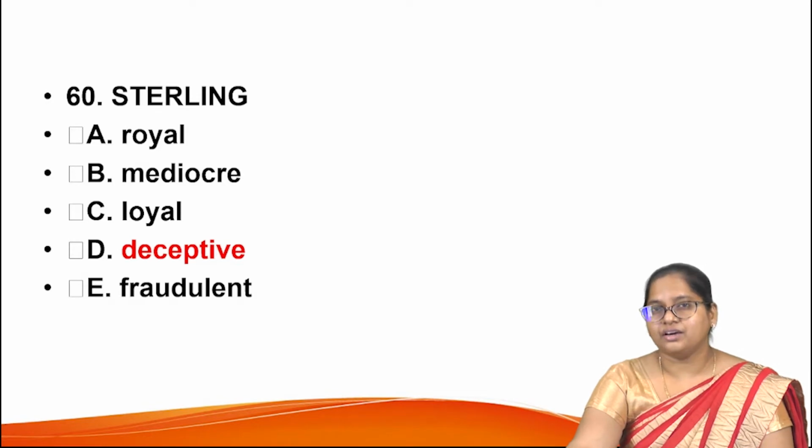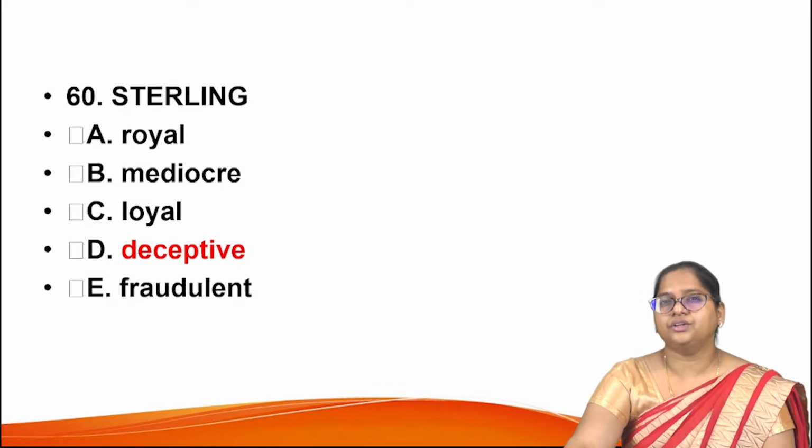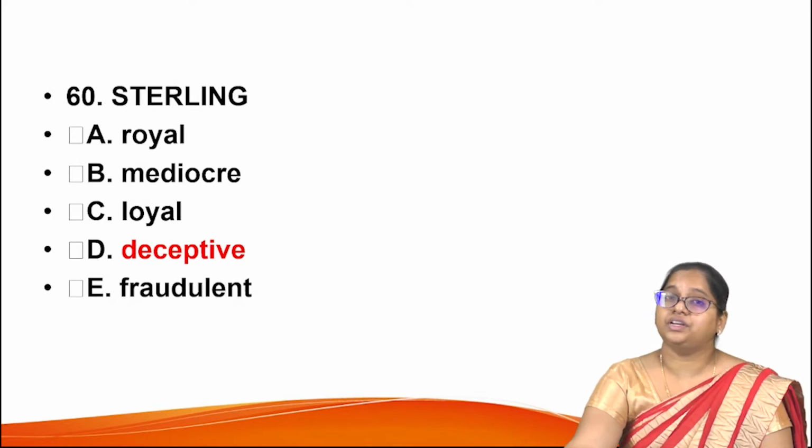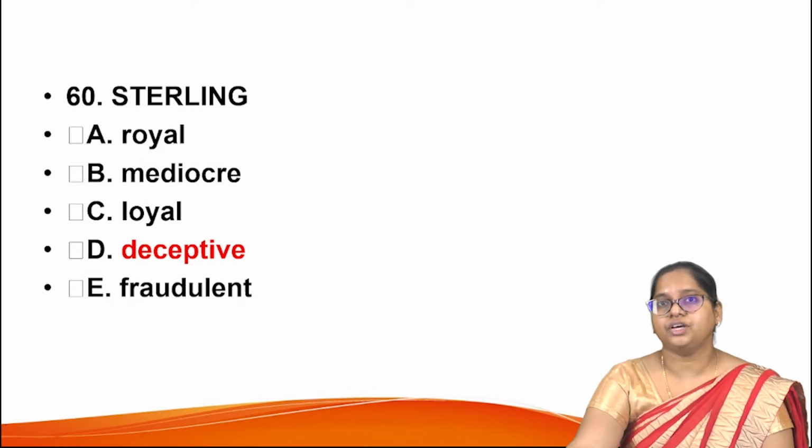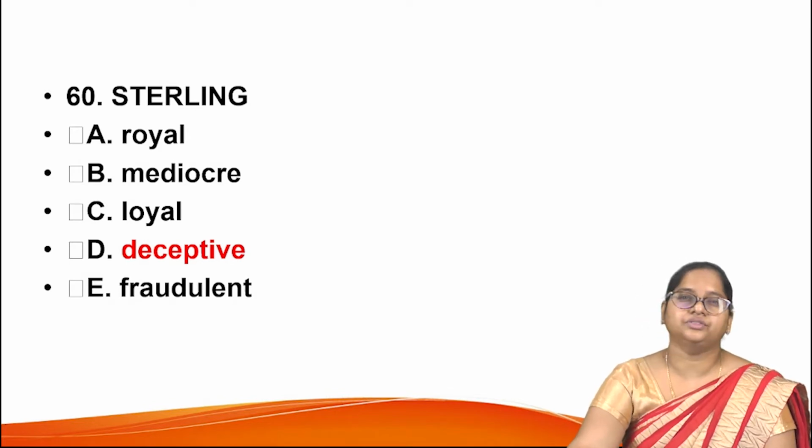So option A, royal. Royal means what? It is completely grand, very high, of very good importance, something which only certain sections enjoy as a privilege, being a royal appearance, we say, a rich, grand appearance.